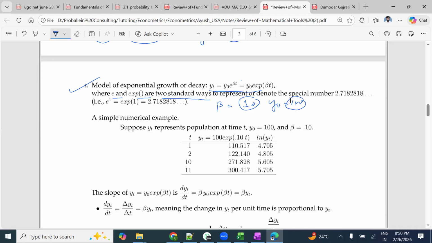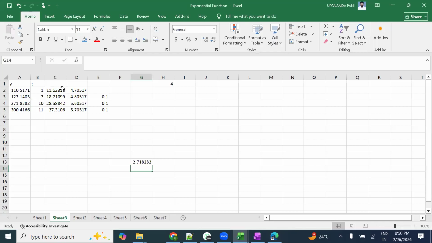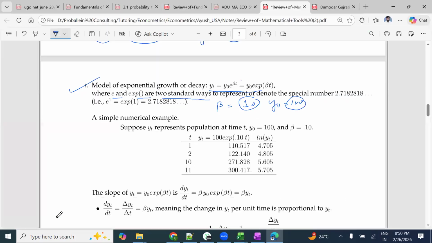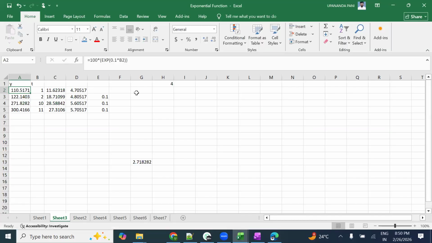Clear. Madhusudha, is it clear? Yes, sir. Now in Excel, where you have already practiced the formulas from yesterday's function which I gave, try to find out how I got 110.517.